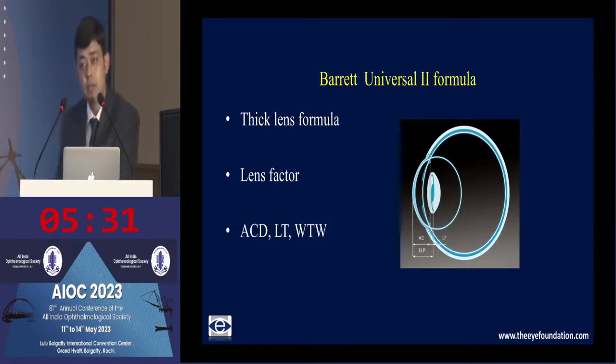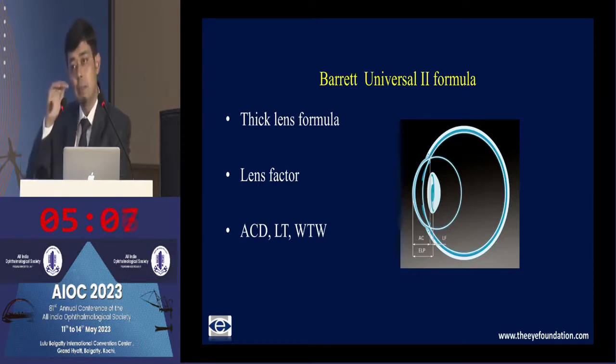The Barrett Universal 2 is one which probably most of us are using now, and it is a thick lens formula. And the most important addition to this formula from the pre-existing formulae is the lens factor. It also takes into account the plane of the lens. That is, even when we go in for very low powers in high myopes, when the lens changes from a biconvex to a meniscus shape, the principal plane and the orientation of the haptic to the optic changes.